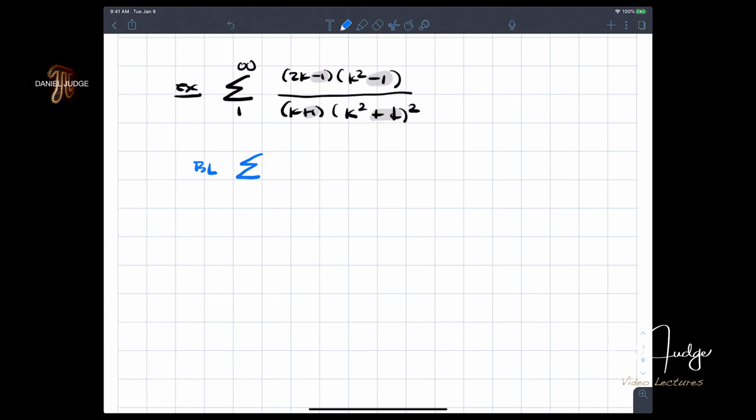I get 2k times k squared over k times k to the 4th power, remember? Because the 4 is gone, 2 squared is 4. And you say, okay, what is this going to be? Well, this is sum 2k cubed over k to the 5th. What's this? Well, that's 2 times the sum of 1 over k squared. And you might say, what is this? Let's focus.